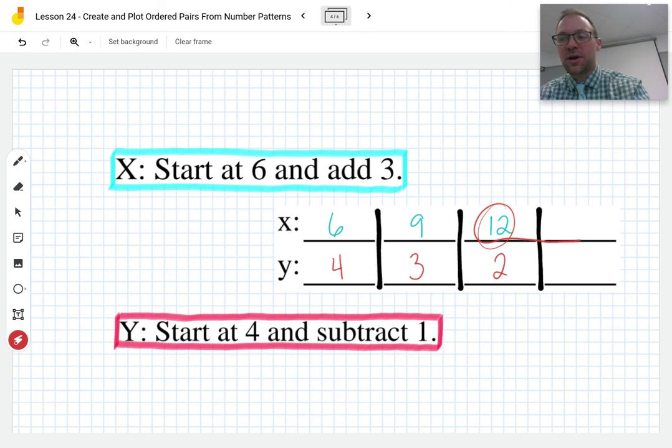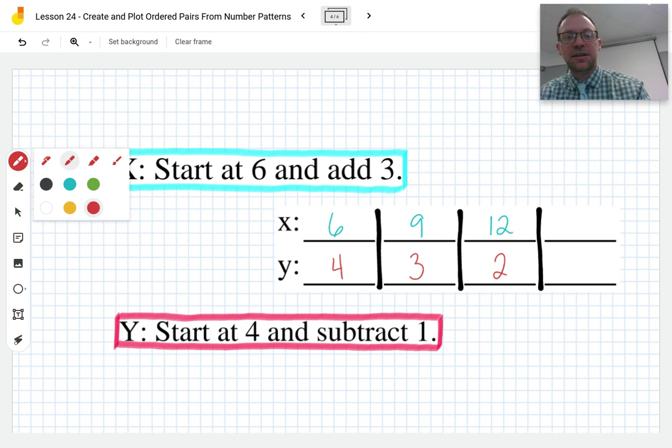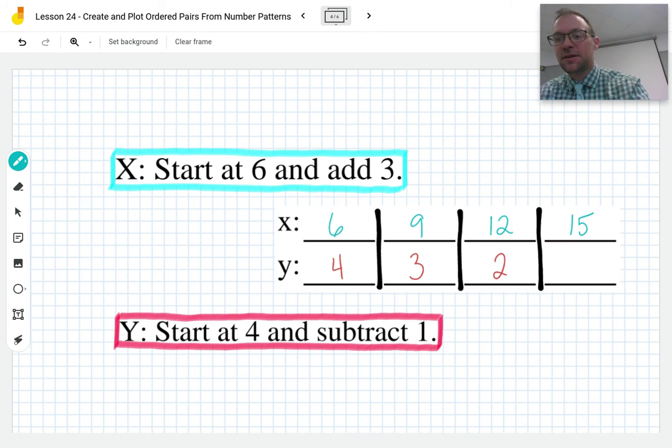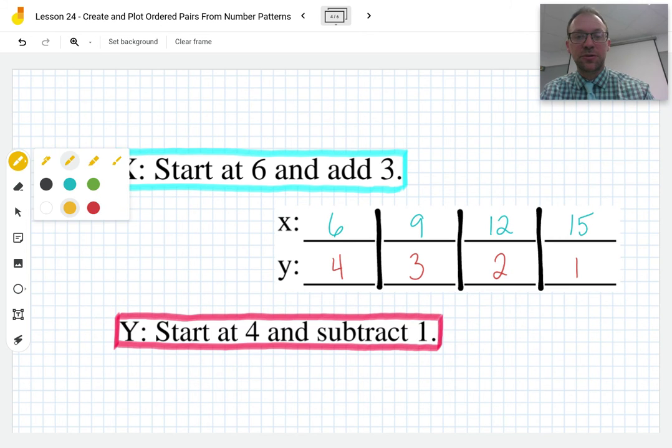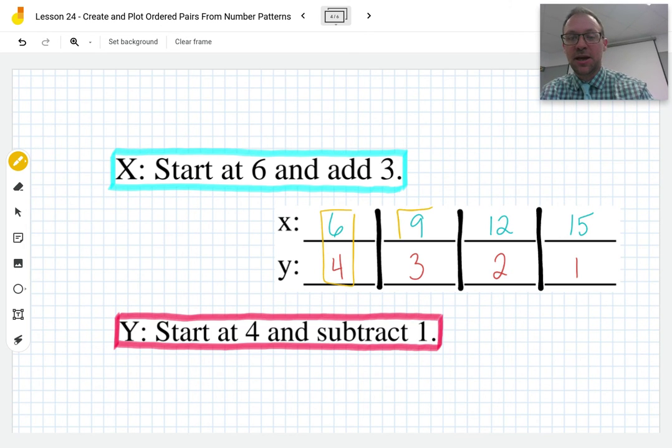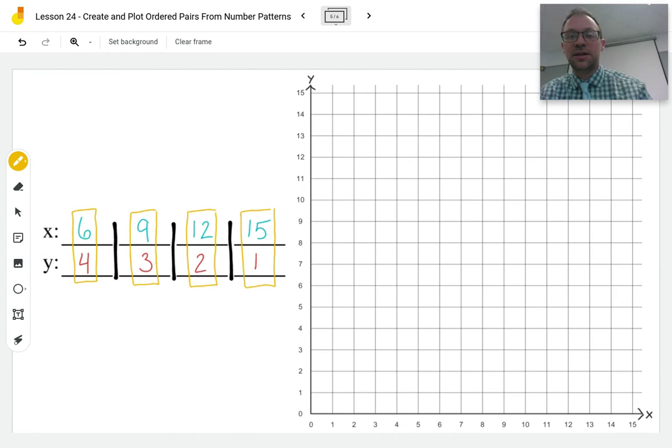Add 3 to the 12 and get 15, and subtract 1 from the 2 and get 1. 15, 1 is our final ordered pair. So here we have all four ordered pairs that we're about to plot. 6, 4, 9, 3, 12, 2, 15, 1. Let's get to the plotting.